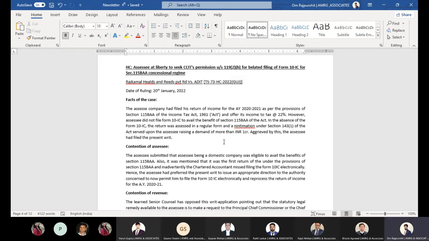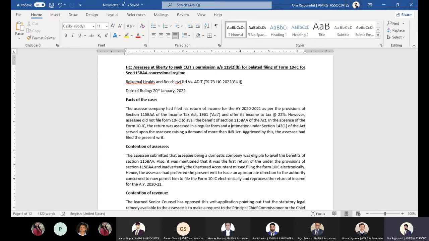Many of you might be aware that 2020-21 was the first year when any SSE opting for the concessional tax rate of 115BAB or 115BAA had to file a return for the first time. So before filing the return of income, the SSC taking the claim of such concessional rates shall file Form 10-IC prior to filing the income tax return.